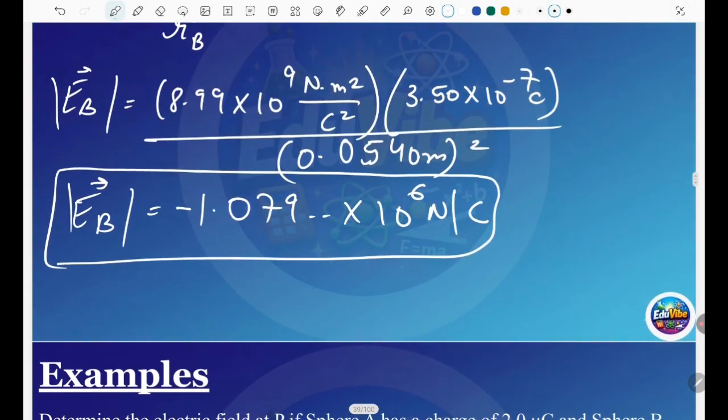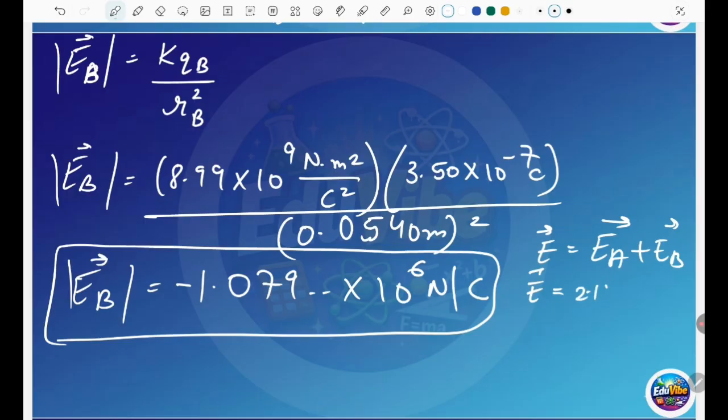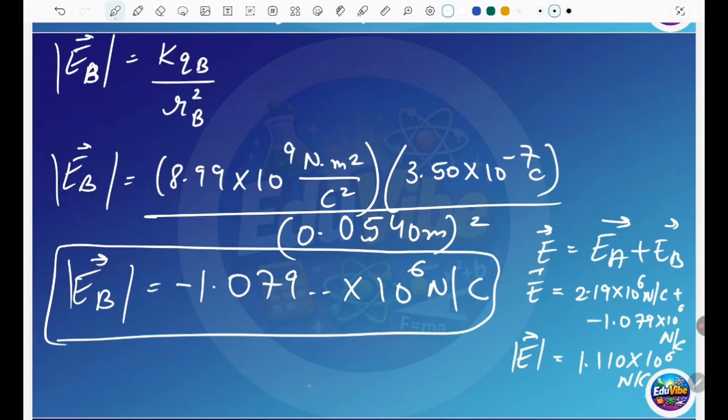Now you have to find the net one. For the net, it's EA plus EB. So EA you have about 2.19 into 10 raised to power 6, plus minus 1.079 into 10 raised to power 6 Newton per coulomb, and that E is equal to 1.110 into 10 raised to power 6 Newton per coulomb. With three significant figures, 1.11 into 10 raised to power 6 Newton per coulomb.